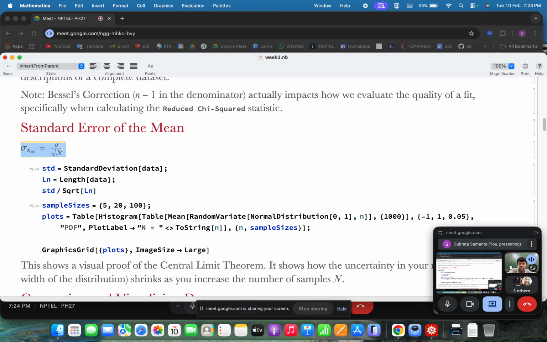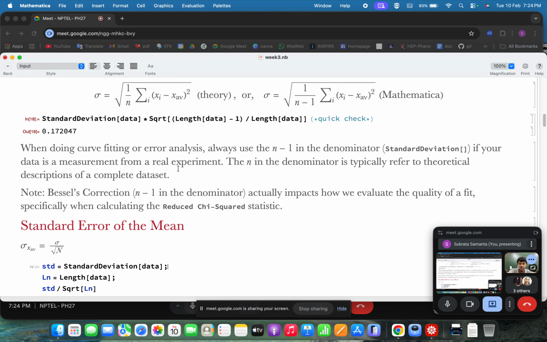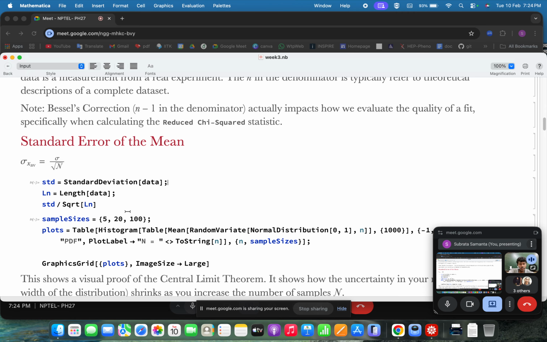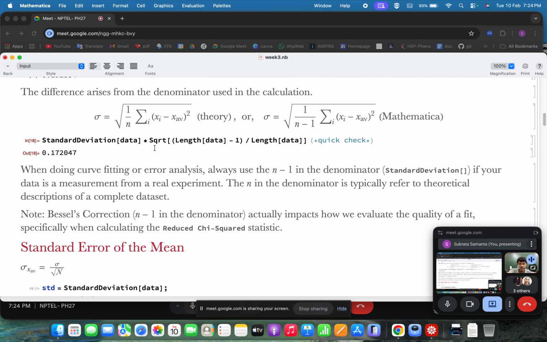How to calculate the standard error? First, we know the standard deviation sigma and then the square root of n, which is basically the total number of data. So, I use again the Mathematica inbuilt functions. If you calculate theoretically, you just multiply by this.